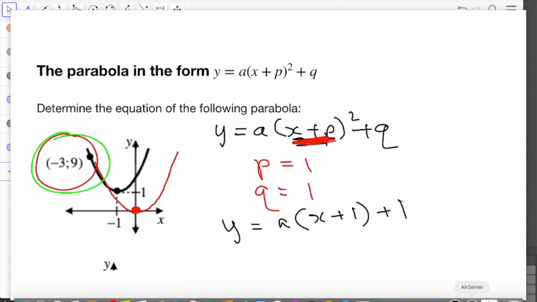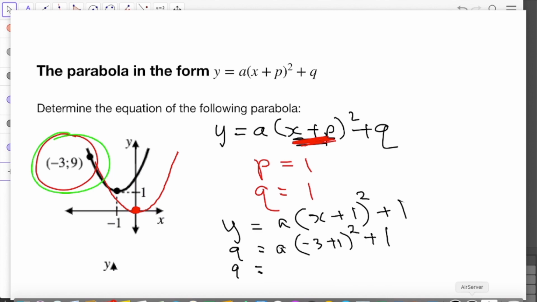If we substitute that in here, we should get the value of a. So where there is x, we put -3, and where there is y, we put 9. This means 9 is equal to a(-3 plus 1) all squared plus 1. Right, now let's solve that and find a.